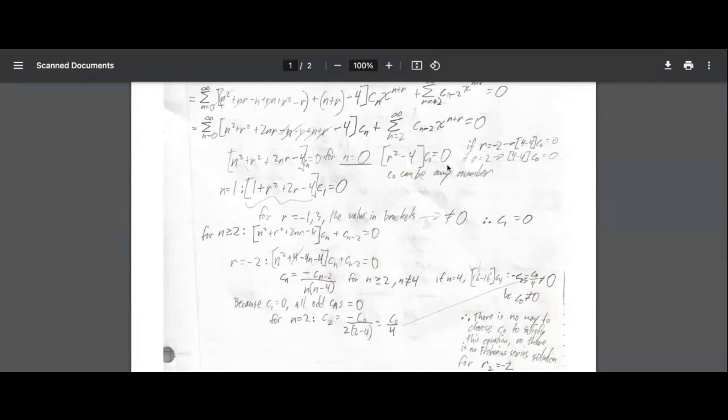Now this means that c of naught can be any number. This is because if r equals either of its solutions, then the inside of the brackets will be 0, which means that c of naught doesn't necessarily have to be 0. It can be any number.